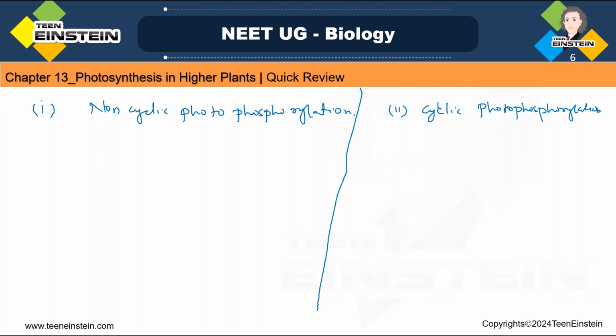Okay, in non-cyclic photophosphorylation, both ATP and NADPH2 are produced.